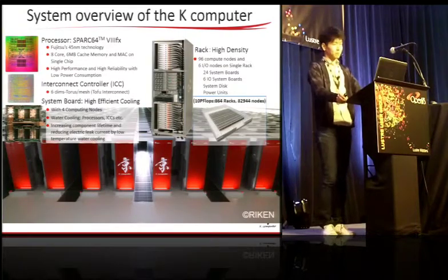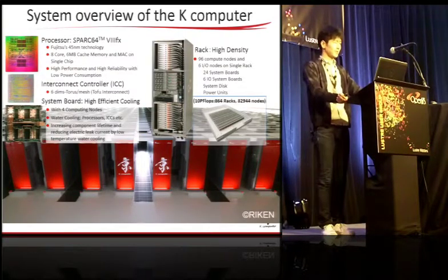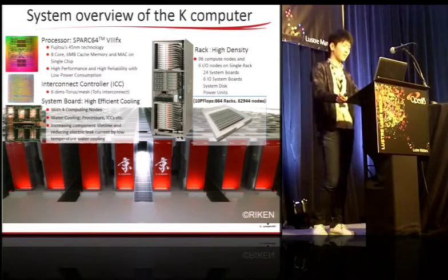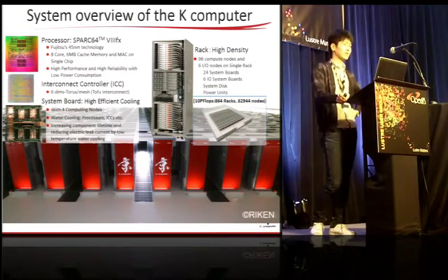K computer consists of 82,000 computer nodes. One computer node consists of CPU, memory, and interconnect controller. CPU is SPARC64 processors manufactured by Fujitsu.